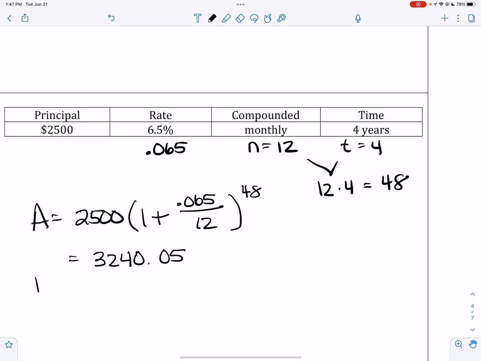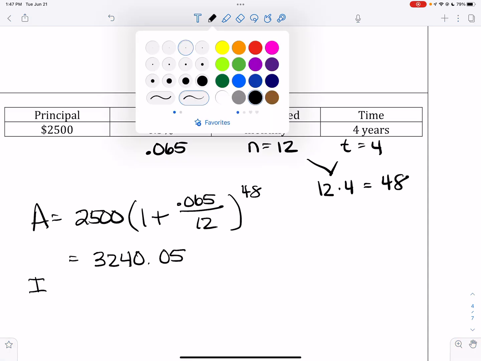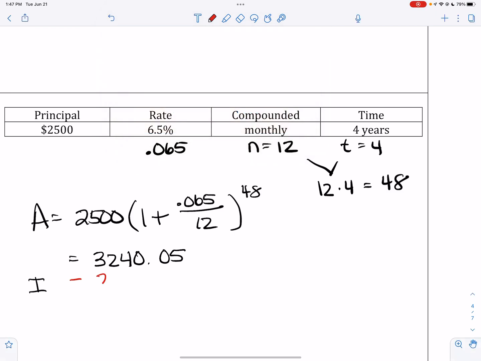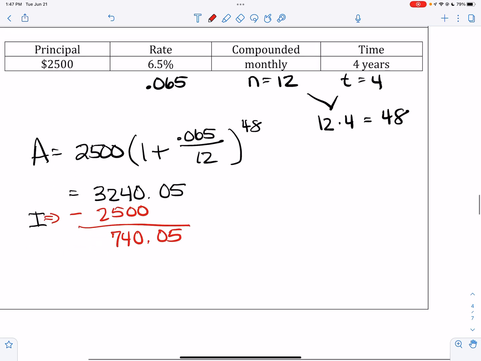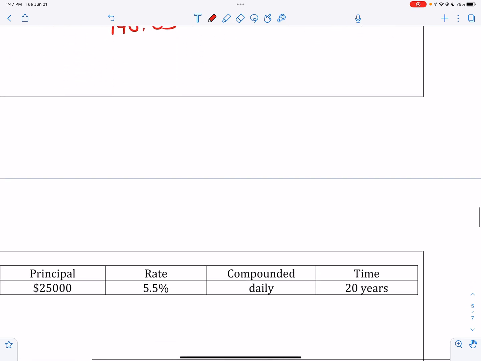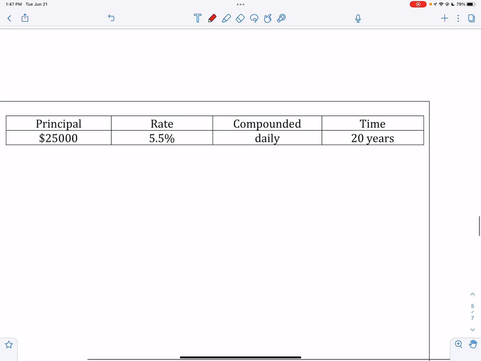And then when I find my interest, I subtract out the $2,500 that I invested. And that tells me that my interest is $740.05.